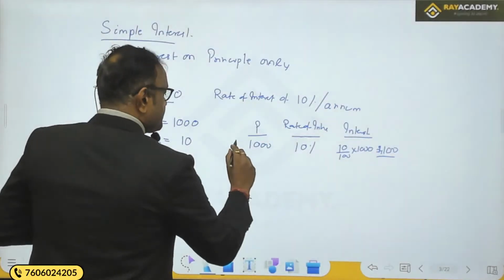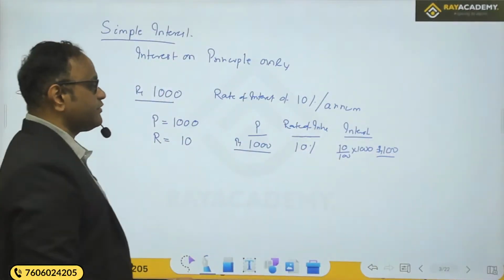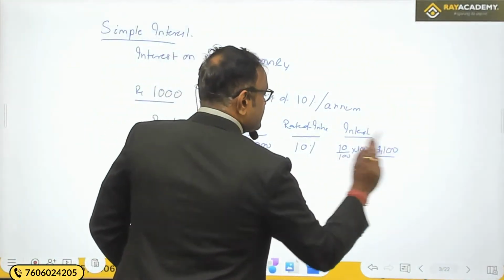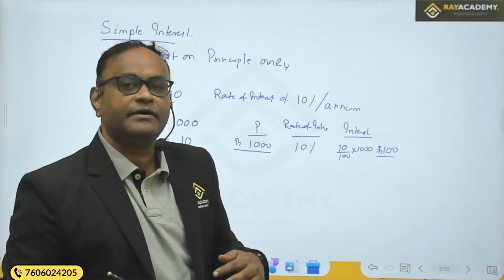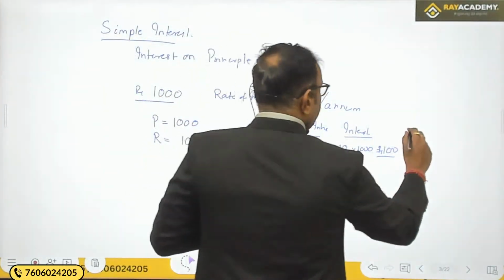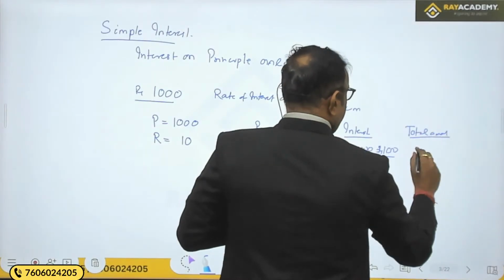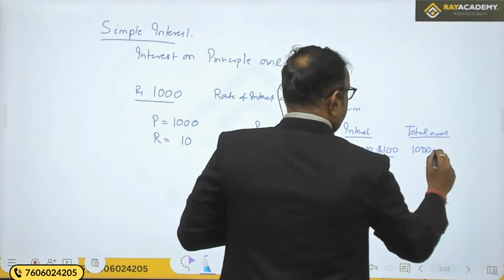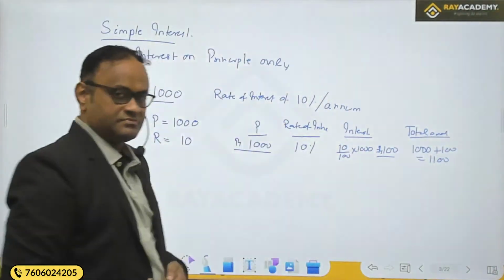So you get interest of 100 rupees in 1 year. Suppose after 1 year you want the money back, how much will you get? Total amount: the 1,000 principal plus the interest, so that is 1,100 rupees.